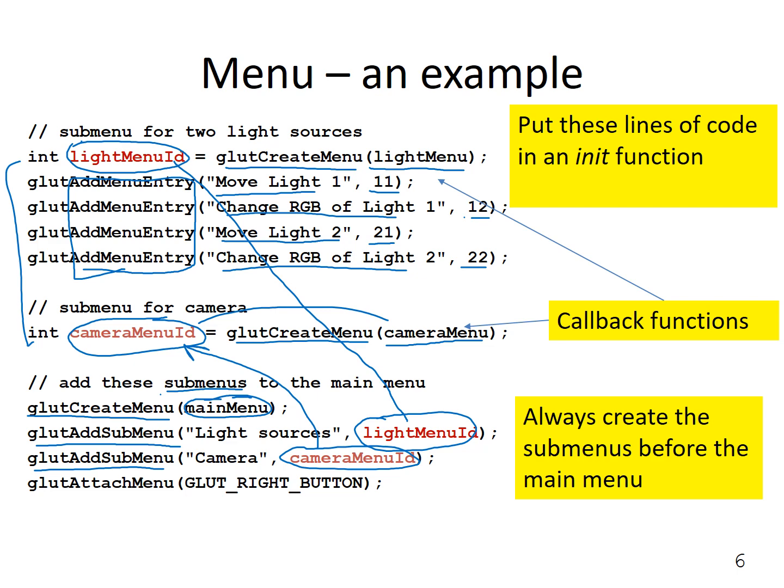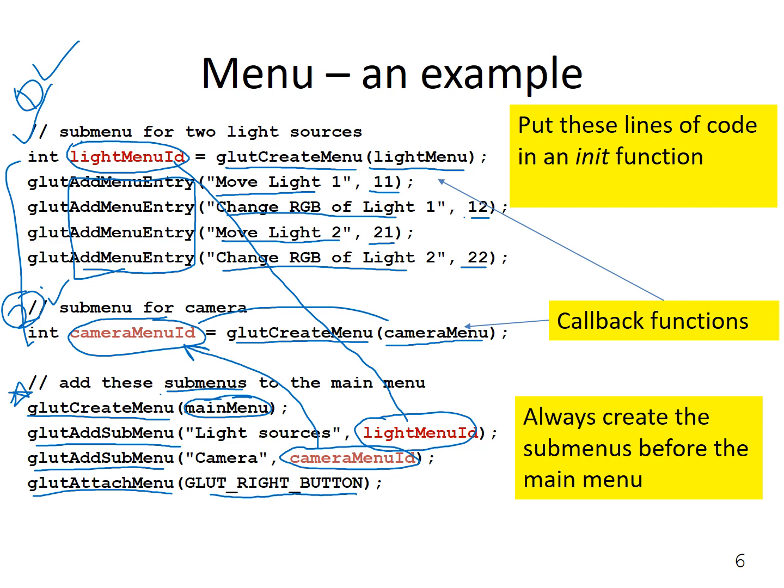Finally, we attach the menu to the GLUT right button. Remember, always create the sub menus before the main menu. So we created sub menu 1 first, then sub menu 2, and then we created the main menu, and then we attached sub menu 1 to it, and then sub menu 2 to it. And this is why we needed the identifiers for the sub menus, so that we can attach them to the main menu.